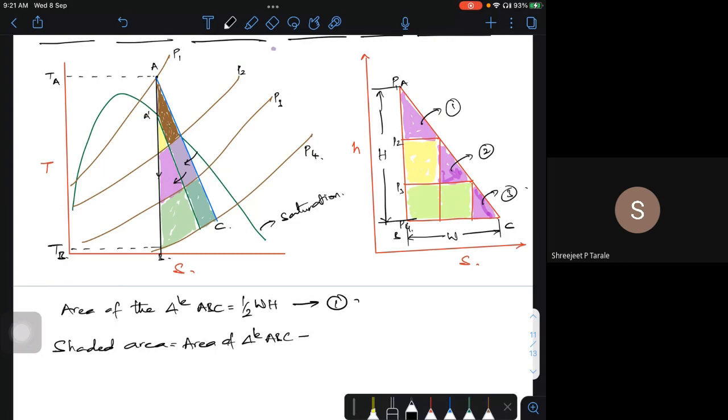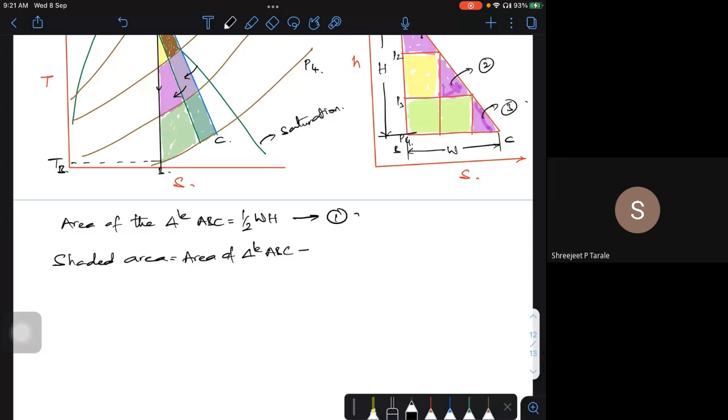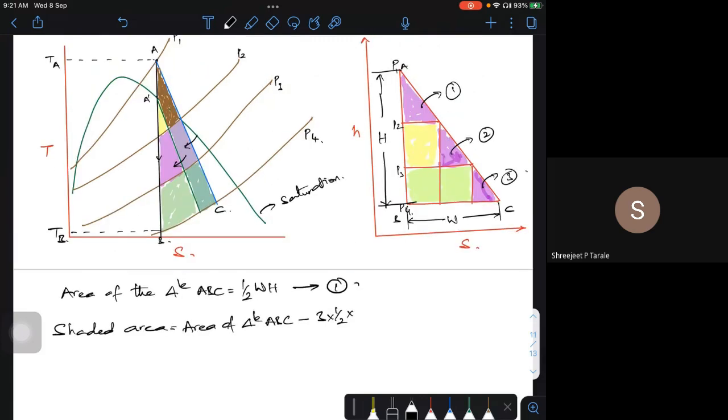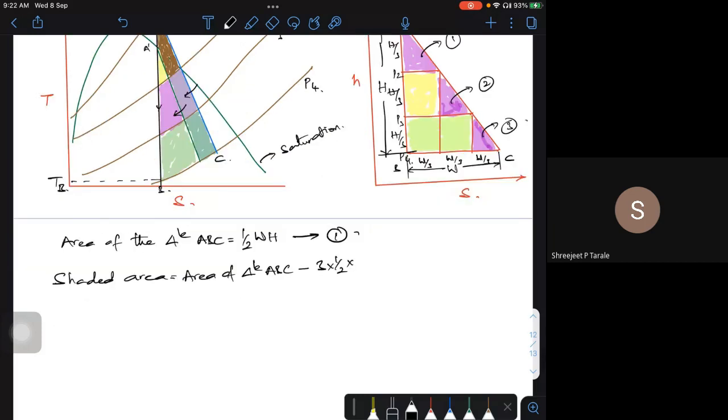That means I can write 3 times half into, this will be h by 3, this will be h by 3, this will be h by 3, and this will be w by 3, w by 3, w by 3. Then I can write half into h by 3 into w by 3.